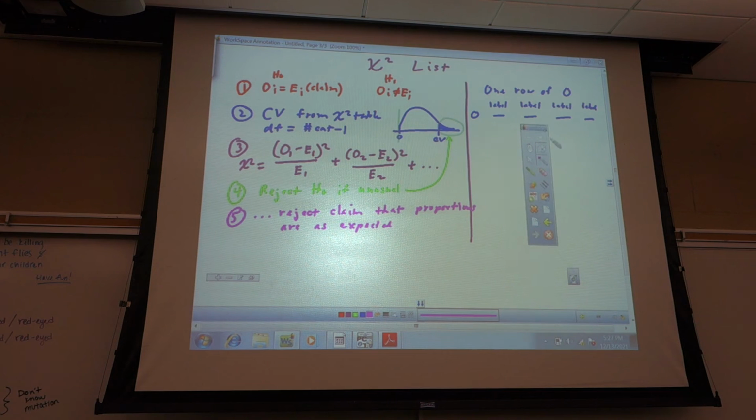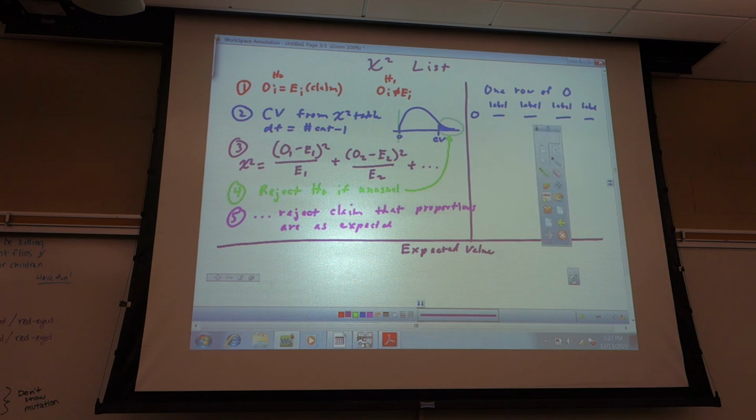Okay, so speaking of expected, how do we find our expected values? I have my observeds, and I find my expected values.